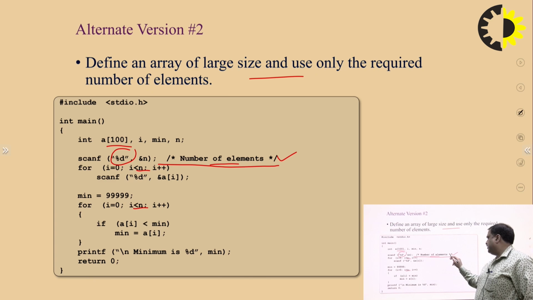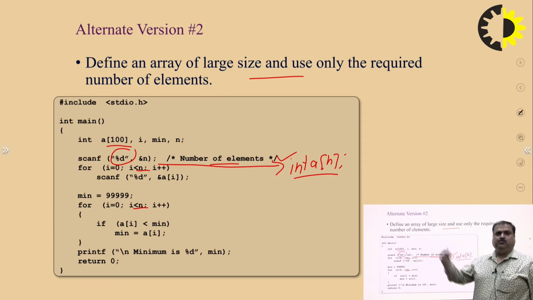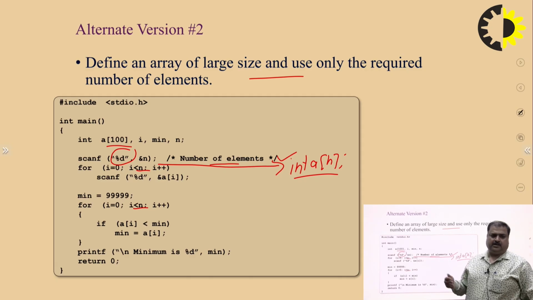Like here, we have already taken the value of n from the user, and after that we declare int a[n]. So the size of the array will be what the user wants. That will be the optimized solution. We can do this in larger problem solving approaches also.